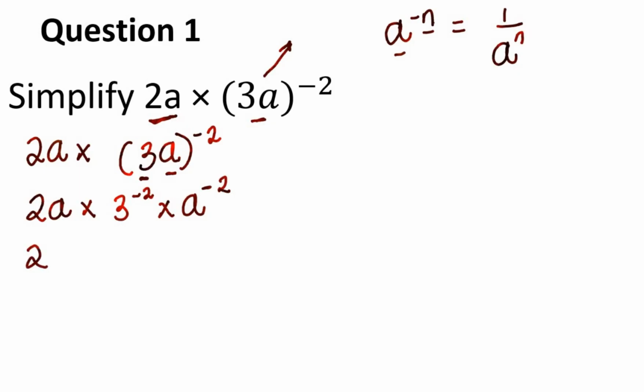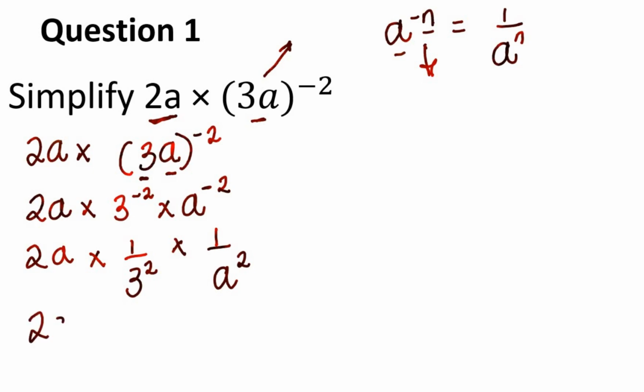Alright, 2a. Using the negative index rule here, I can write 3 to the power of negative 2 as 1 over 3 to the power of 2. Do the same for a to the power of negative 2 as 1 over a squared.